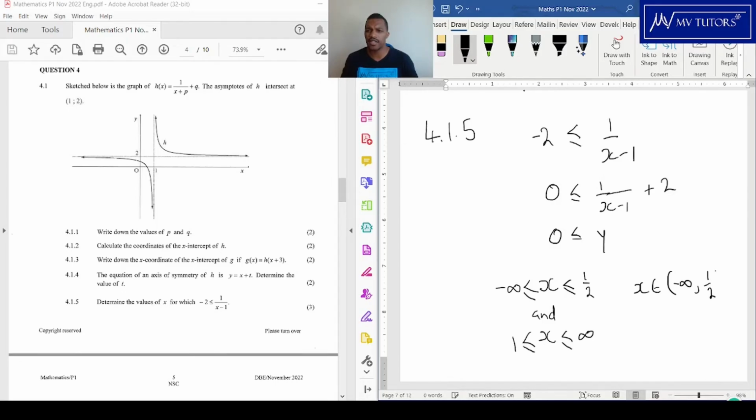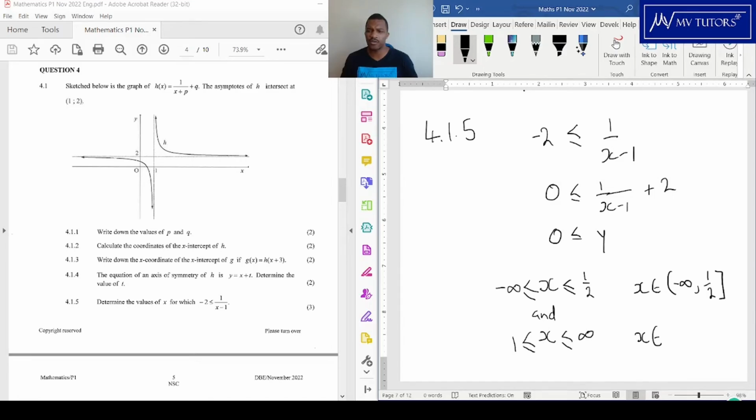Now the half gets a square bracket because it's an inequality sign. However, with negative infinity, we never put a square bracket, because it can never be equal to infinity. Even though in theory it can, it's just a general rule that infinity never gets a square bracket.